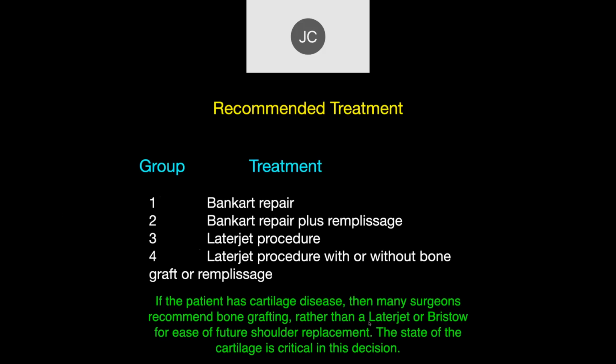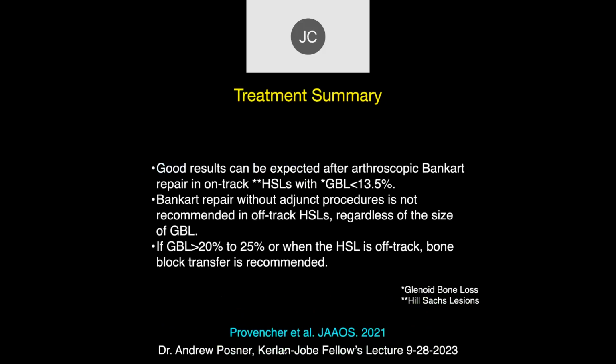If you do a lateral J or Bristow, which we'll talk about in a minute, it makes shoulder replacement much more difficult. So in older individuals, the state of the articular cartilage is important in determining what kind of a bony stability procedure you want to do.